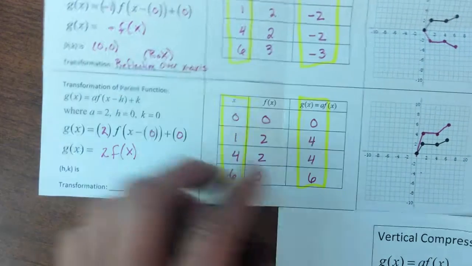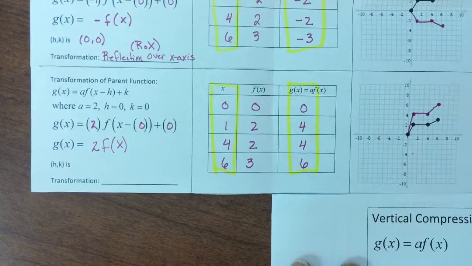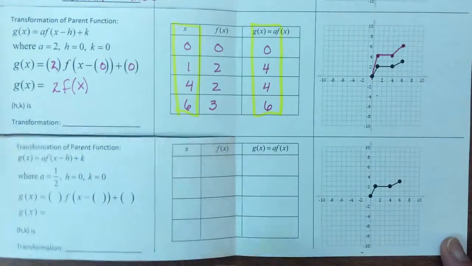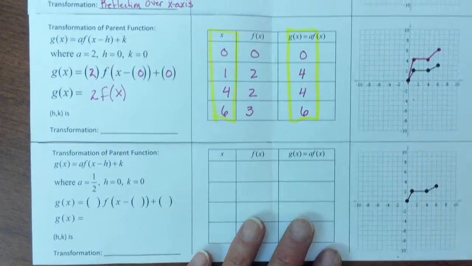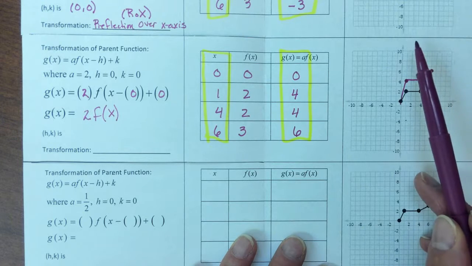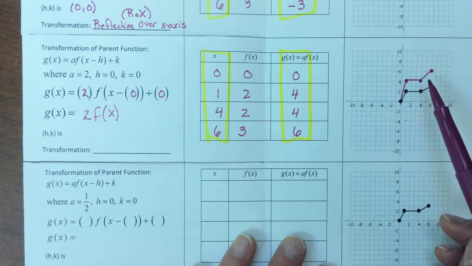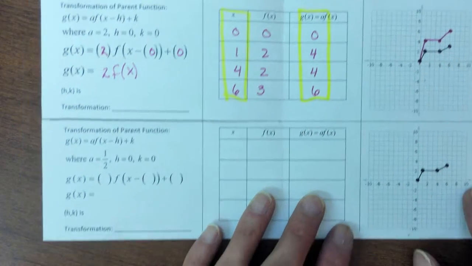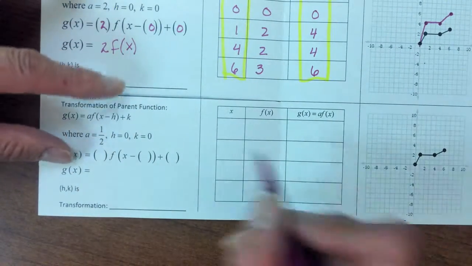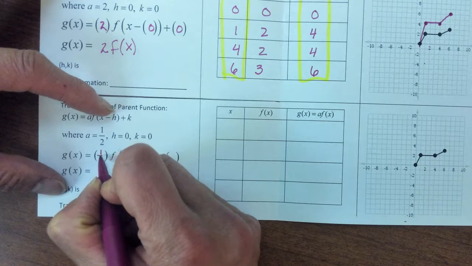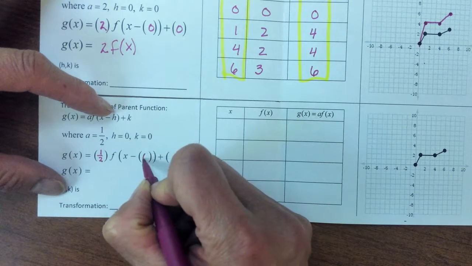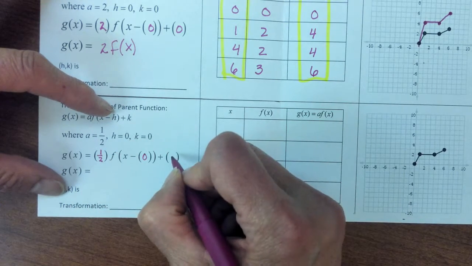The last one that we're going to look at is a vertical compression. If a stretch is bringing it up closer to the y-axis, a compression is going to be pushing it down. So let's see what that's going to look like. My a is 1/2, my h is 0, my k is 0.